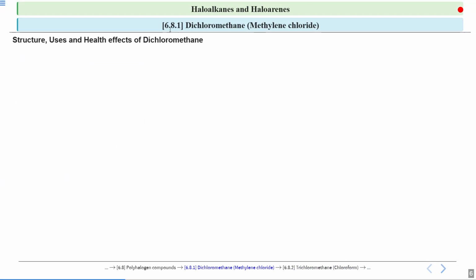Let's first explore our first polyhalogen compound, section 6.8.1, dichloromethane. You can also call it methylene chloride. So its structure, uses, and the health effects of dichloromethane. The formula of dichloromethane is CH2Cl2.